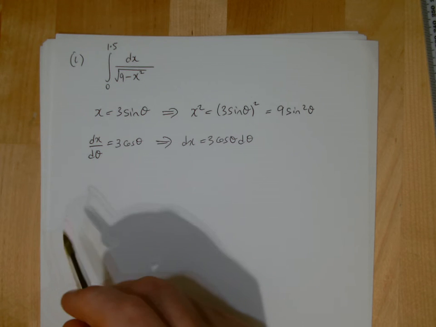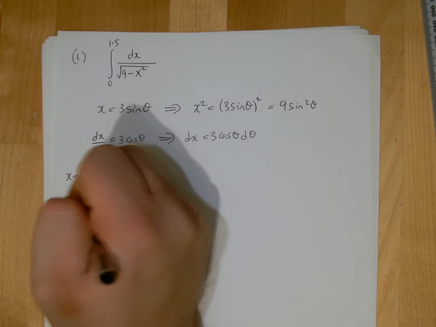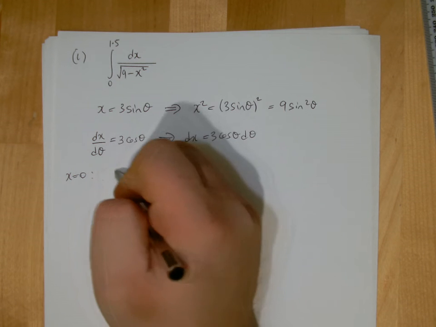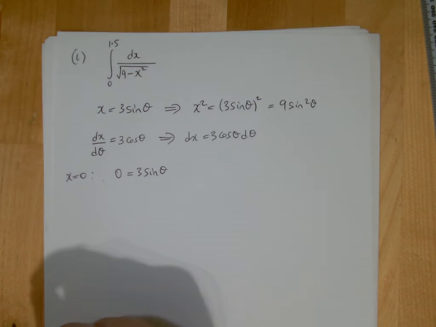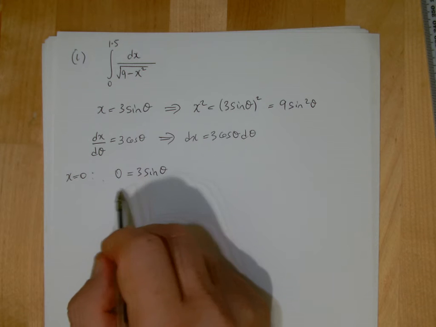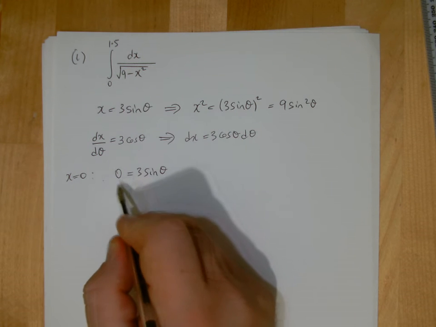So the limits then. x is 0 to start with. So let's change this so we've got the limits in terms of theta. So 0 is 3 sine theta. Well, you could divide by the 3 there, but that'll just be 0 when you take the 3 over.